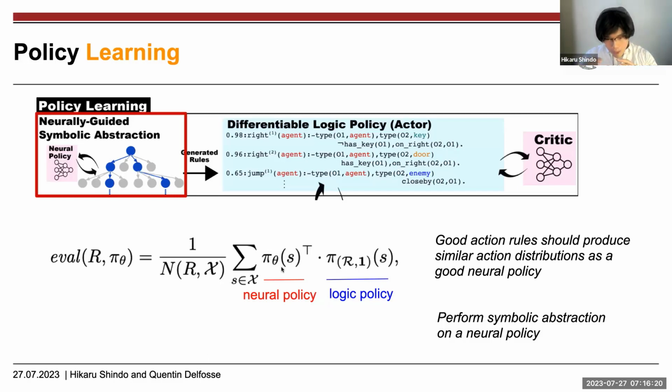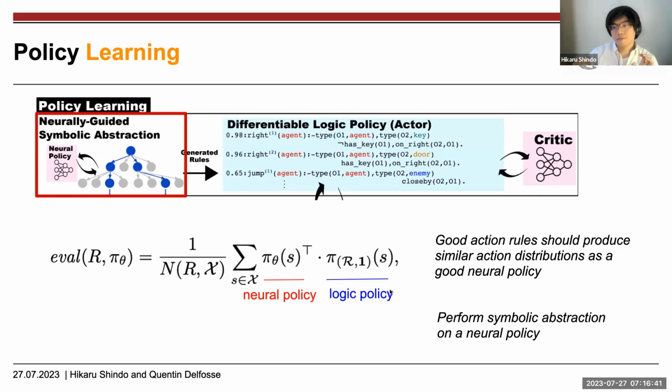We also have a logic policy, and we compute the similarity between these, evaluating each rule by computing the similarity between the well-trained neural agent's action distribution and the action distribution produced by the rule.